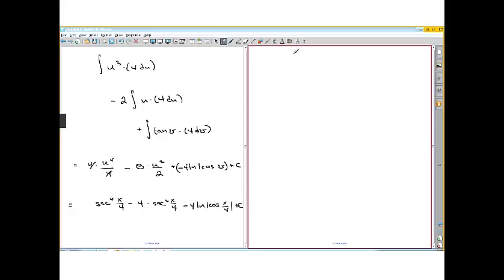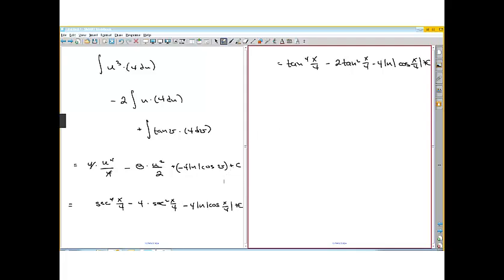Well, that was interesting. So the answer in the book is tangent to the 4th of x over 4 minus 2 tangent squared of x over 4 minus 4 times the natural log of the absolute value of the cosine of x over 4 plus c, which is sort of like mine, but not exactly.